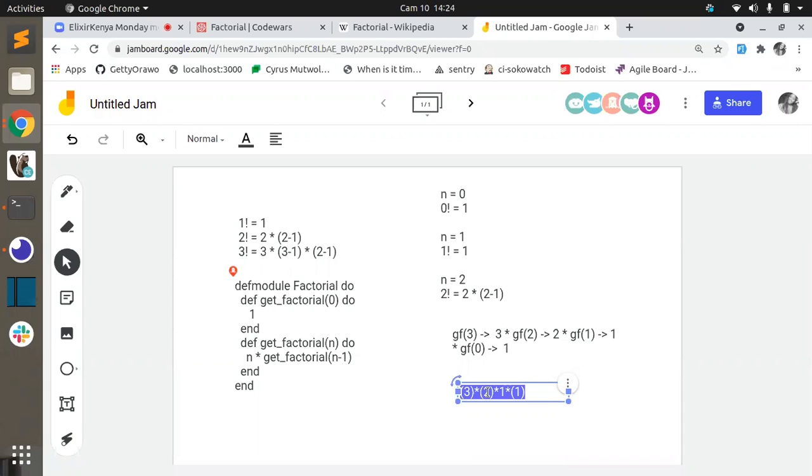Linear recursion. Do you remember the Lisp book that we used to go through? Something MIT.